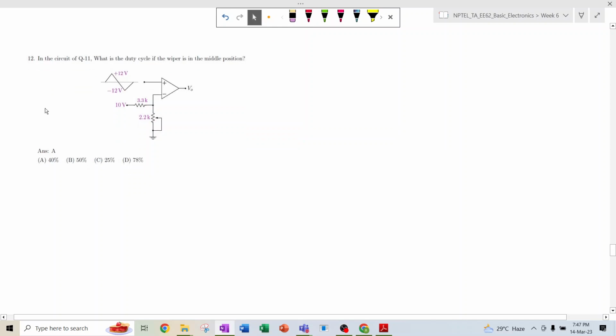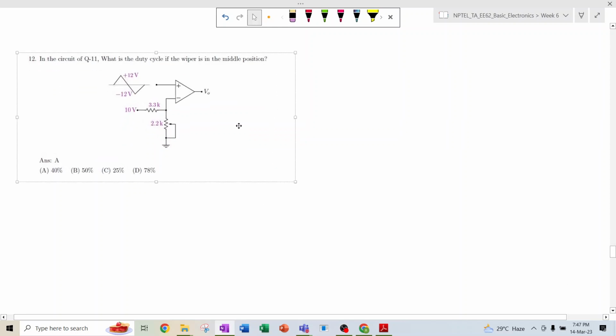Okay, the next question: what will happen if the wiper is in the middle position?